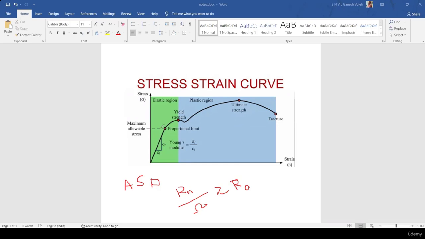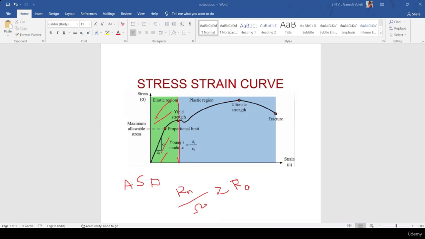up to that portion, the stress will be directly proportional to the strain. We call it Hooke's law, applicable up to that region. Though there is some portion where stress will not be directly proportional to the strain, that region will still be in the elastic region. You can see here, this portion is the elastic region, right?